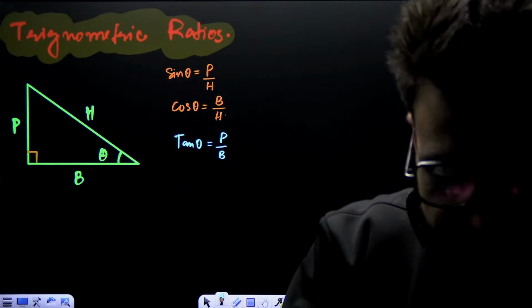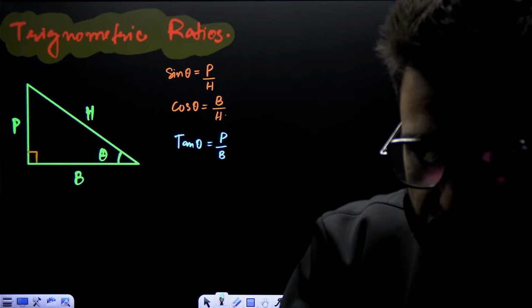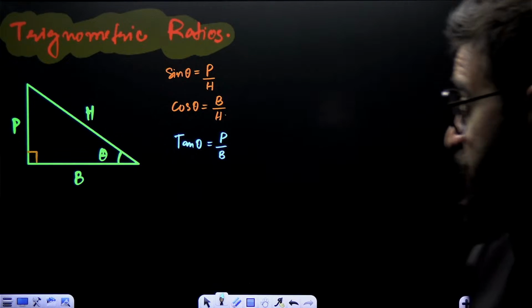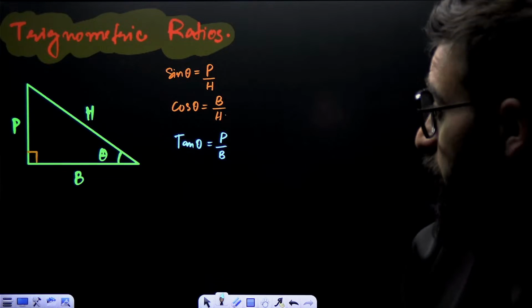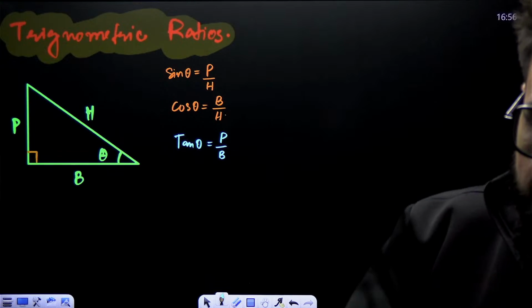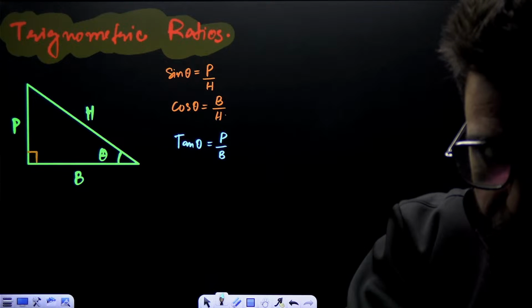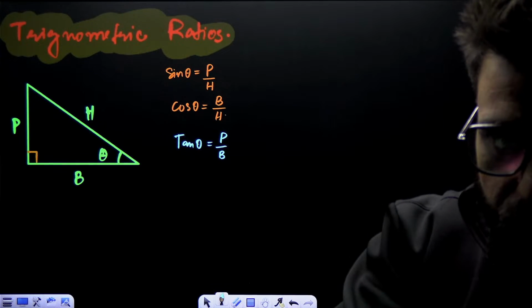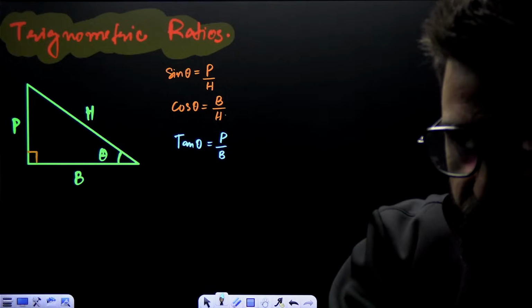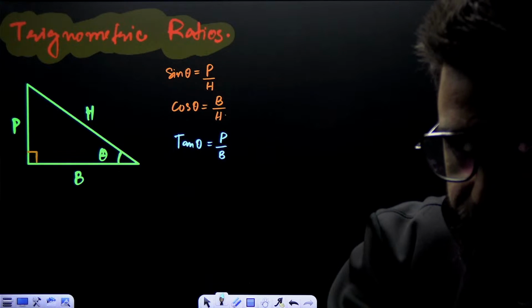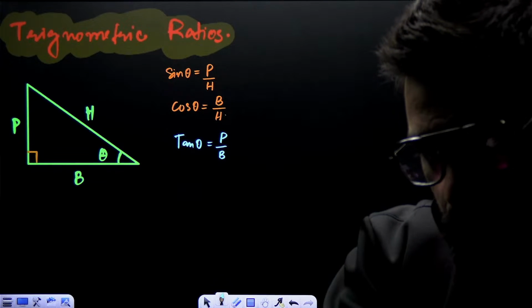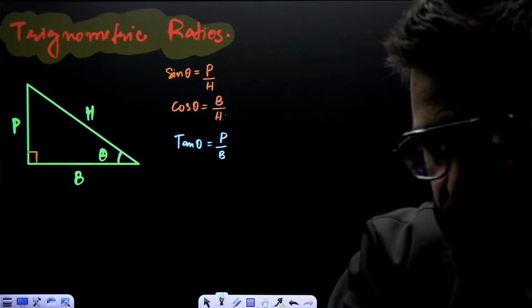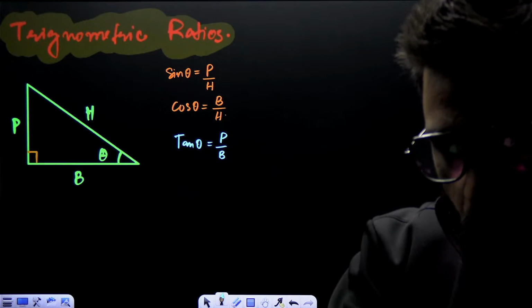S means sine, P gives the perpendicular, H gives the hypotenuse. I hope this is crystal clear to every single student who is watching.